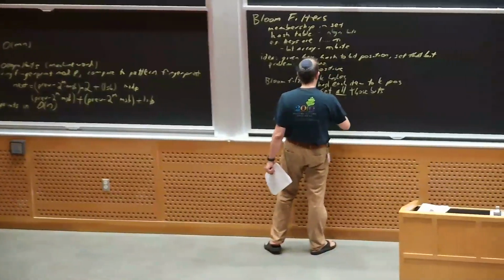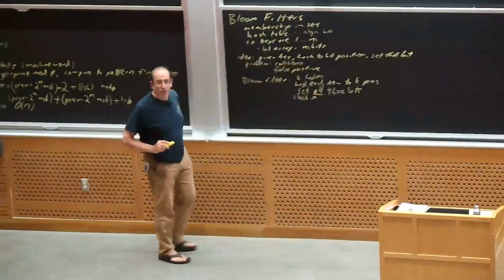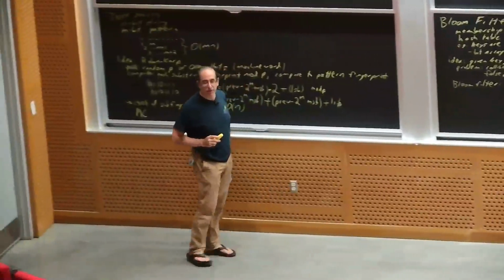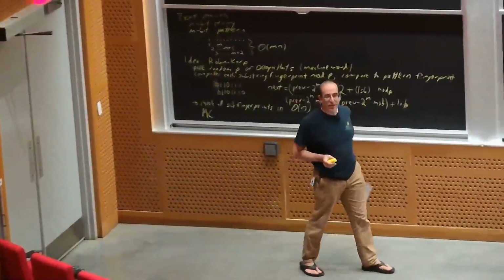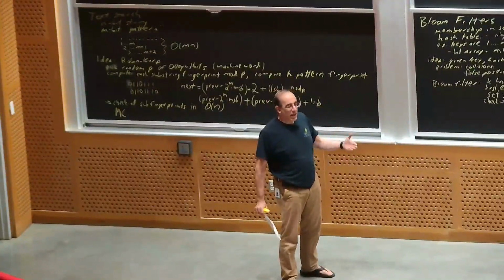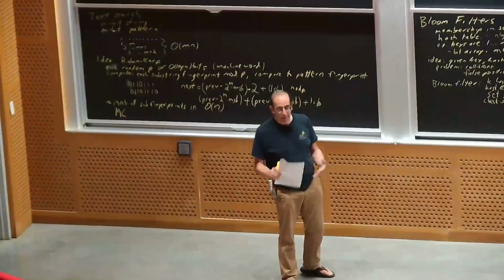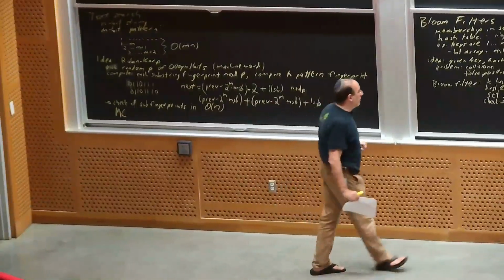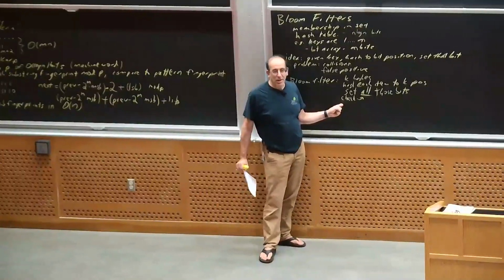Conversely, when you want to see if the item is in the Bloom filter, you check all of the bits. So this is a classic use of amplification, right? There may have been some other keys that caused certain bits to be set, but if we're checking lots of different bits, it drives down the chances that all of the bits that go with our key have been set by other keys.